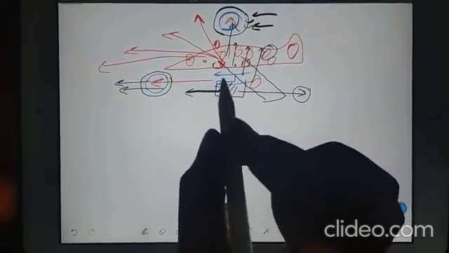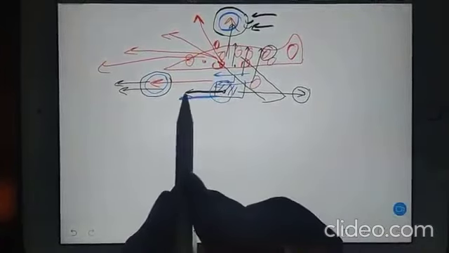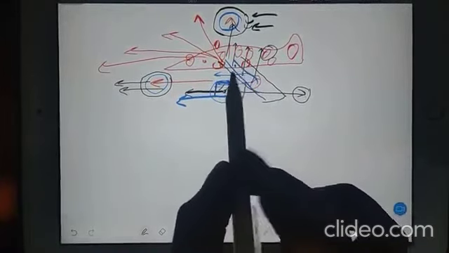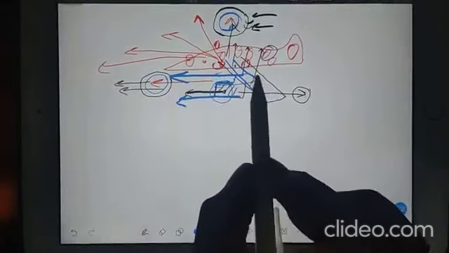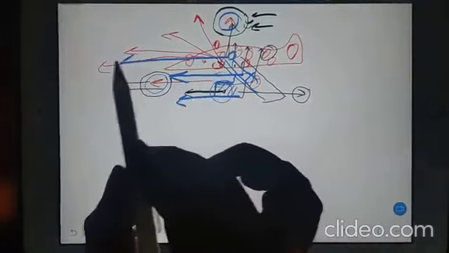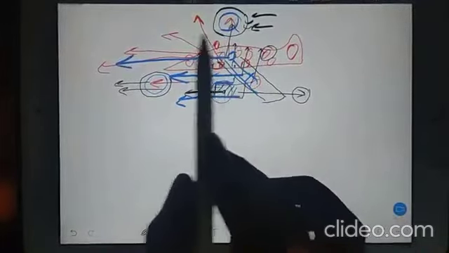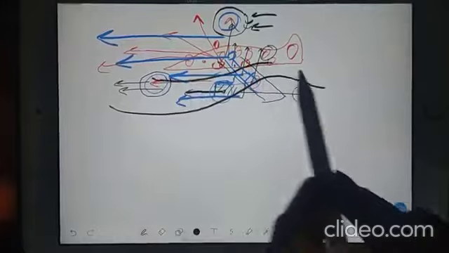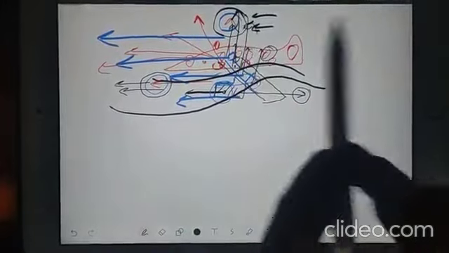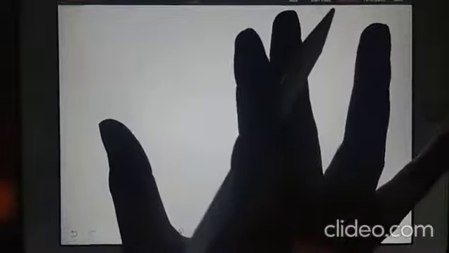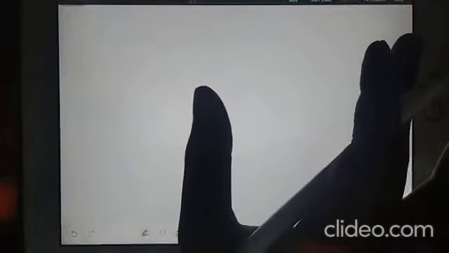So this entire engine will try to go in this direction, but this engine is not free to go. It is attached to the wing, so the entire wing will go in this direction, and the wing will take the entire body in this direction. Once the motion starts, the relative air will come and flow over the wing, and the upward motion will also start. So if we have the engine, then we can go in the front direction and upward direction with the help of the wing.